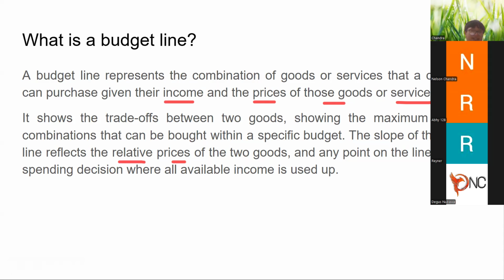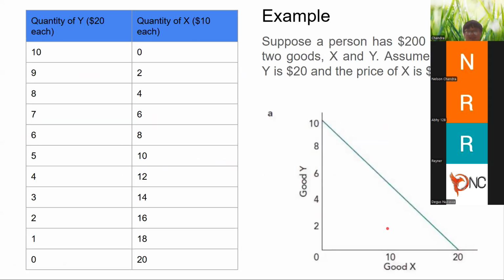If it is more steep or more flat, it will reflect the prices of the two goods. And any point on the budget line shows a spending decision where all available income is used up.